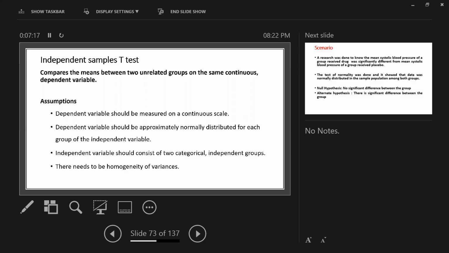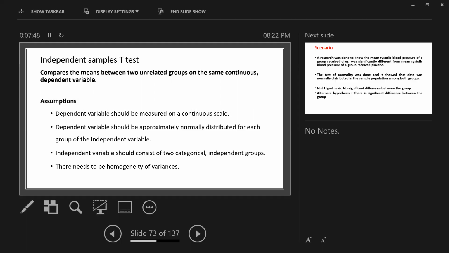The dependent variable is the expected variable which changes in accordance with the independent variable. The dependent variable should be approximately normally distributed for each group of the independent variable. The independent variable should consist of two categorical independent groups.